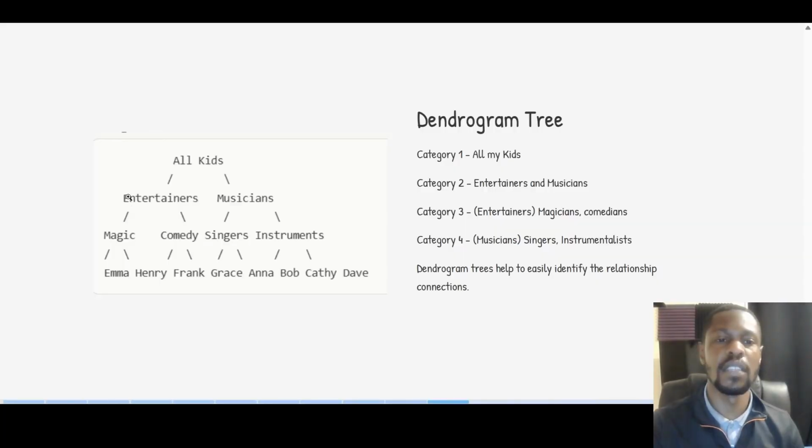So the entertainers, I've got 3 entertainers, sorry. So I've got Emma and Henry. Is there 7 or 8 kids? Hold on. We've got Emma, 1, 2, 3, 4, 5, 6, 7, 8.